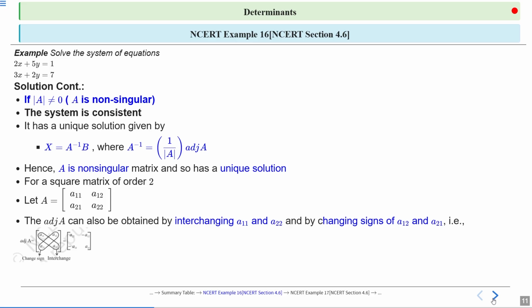We are just interchanging A11 and A22 and changing the sign of A12 and A21. So in place of A12, here is minus A12, and in place of A21, here is minus A21. And this matrix is adjoint of A. So we can directly find the adjoint of A in the case of a matrix of order 2.